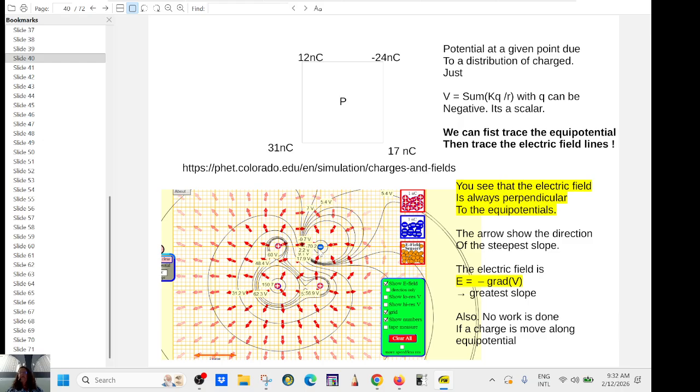Now, here you have negative potential, let's say negative 2 volt. That means if you take 1 coulomb of charge at that location, it will have a potential energy of negative 2 joule relative to infinity, to the ground, to very far away.